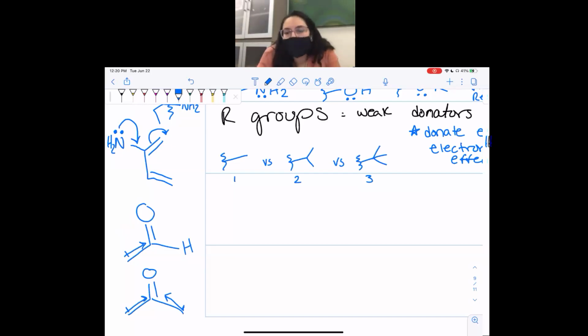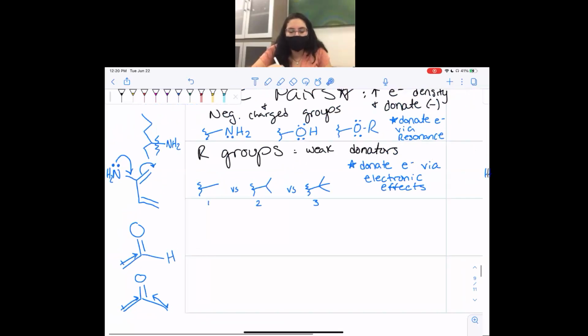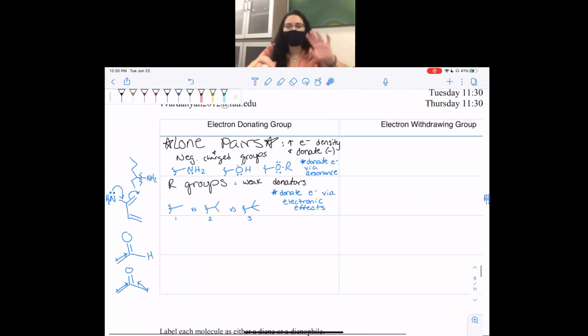It is 3. Since 3 has the most carbons, it's going to donate the most electron density. So these are all weak donators, but this one would donate more than this one would. That's pretty much all I wanted to say for electron donating groups.